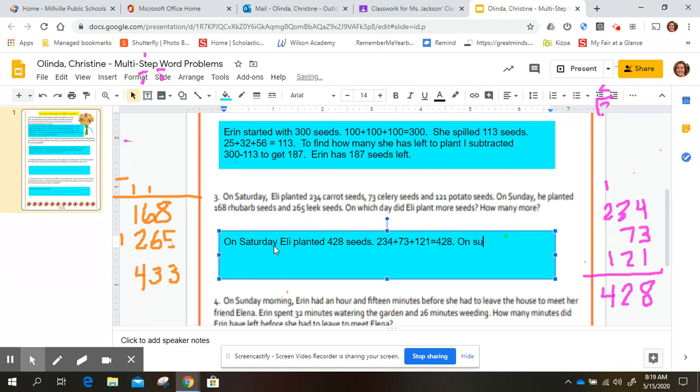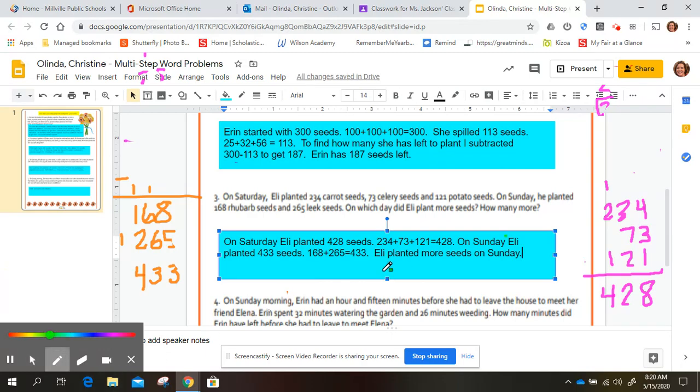On Sunday, Eli planted 433 seeds. That would be 168 plus 265, and that equals 433. Eli planted more seeds on Sunday.